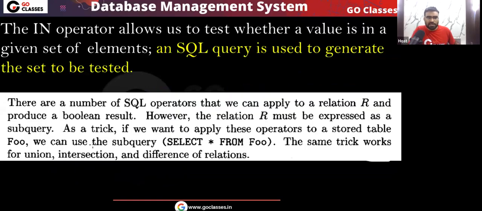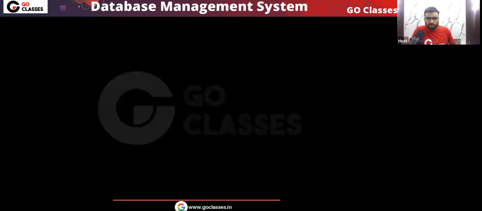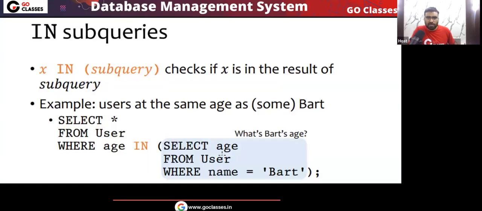Now let's move on. We have seen the IN operator. I told you that with the IN operator, it is tuple IN subquery. You have to write a subquery. All these points we have already seen. Read this: I want users with the same age as some Bart, some student whose name is Bart.